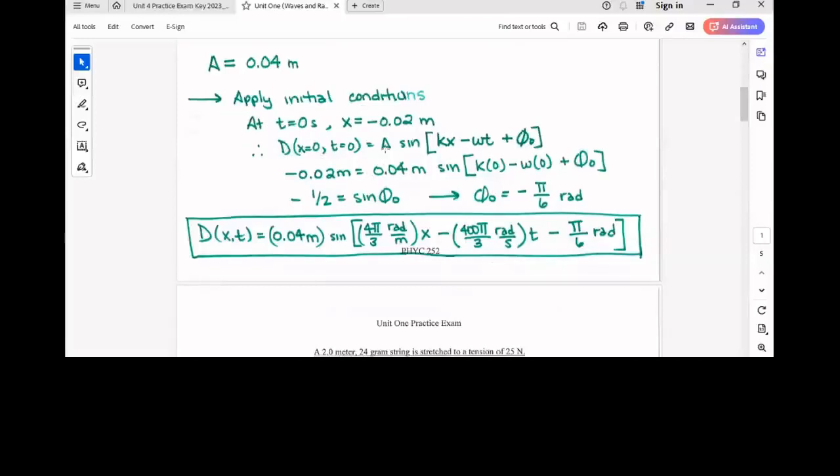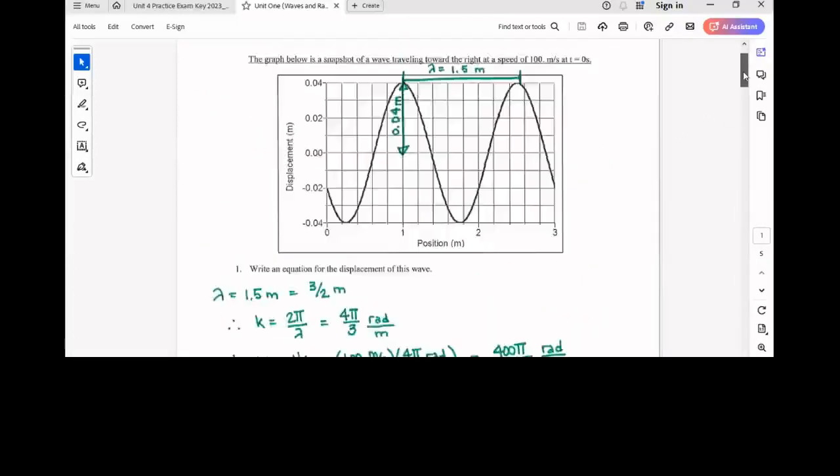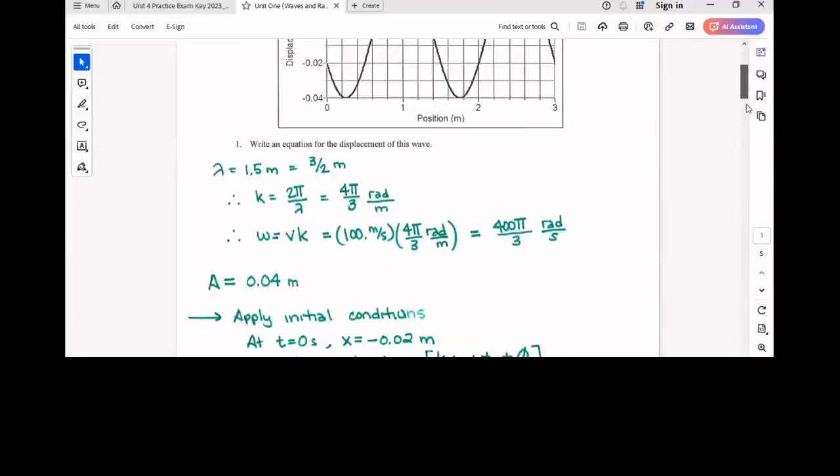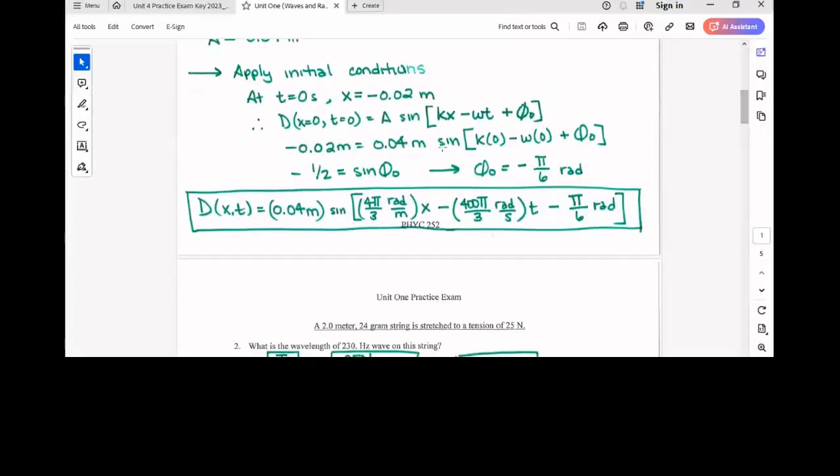And I know that's equal to A times the sine of kx minus omega t plus phi naught. And I know it's minus because we were told that this wave propagates toward the right. If this wave were propagating toward the left, we would put a positive sign in there. So I've got the displacement at x is equal to 0 and t is equal to 0.